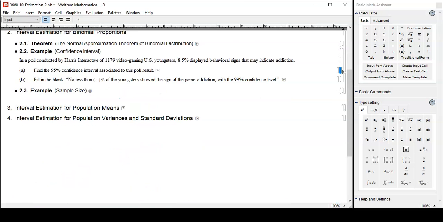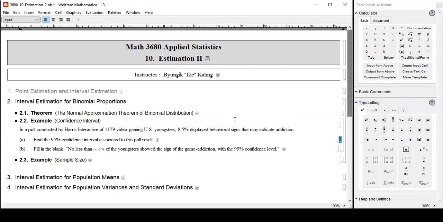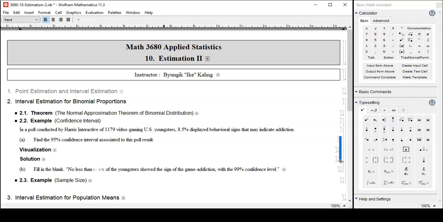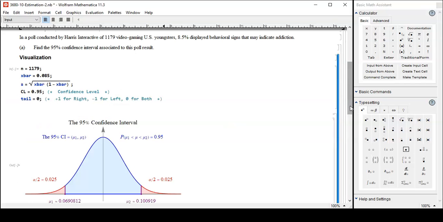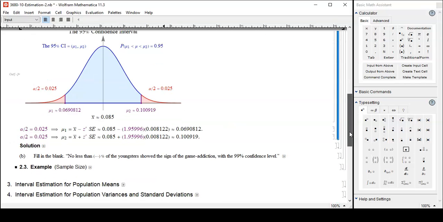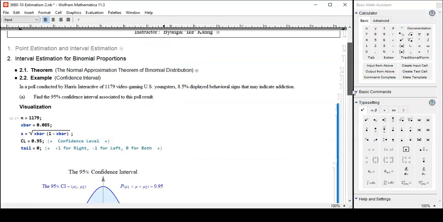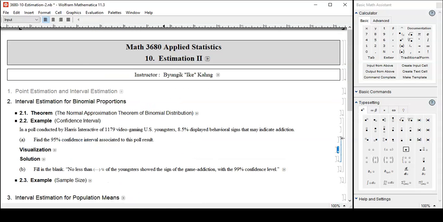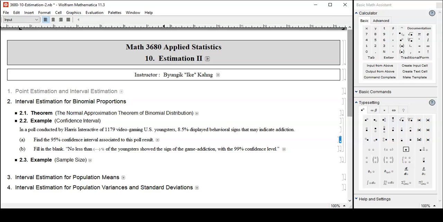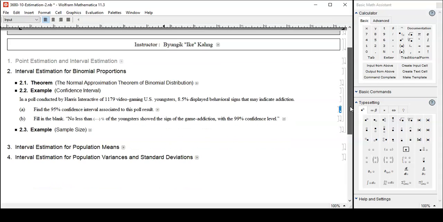There's about 95% chance that the real proportion of youngsters displaying behavioral signs of video game addiction, that interval is, I forgot, 6.9% to 10.1%. Yeah, 6.9% to 10.1%, approximately speaking, of course. All right, that was confidence interval.